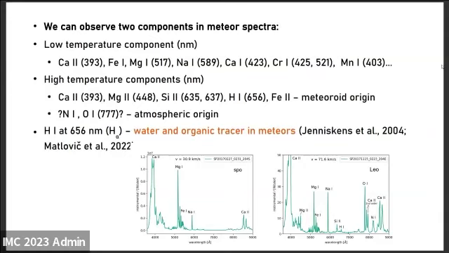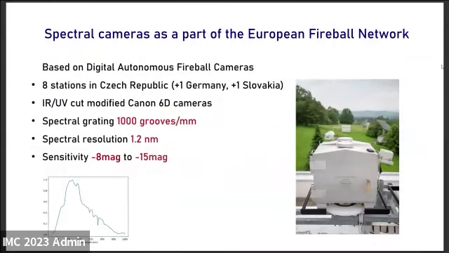There have not been many studies on this component, but recently there was a very nice work by Matlovic and colleagues. They focused on the hydrogen line, and for the very first time they used a representative number of meteors. So that kind of inspired us.